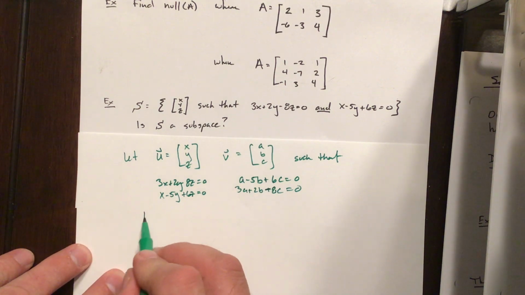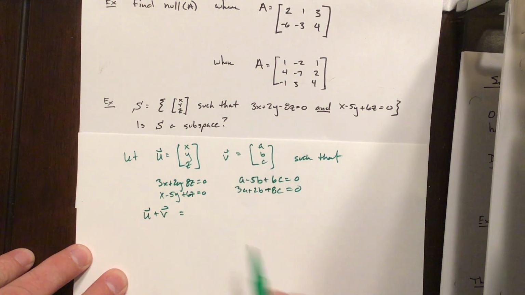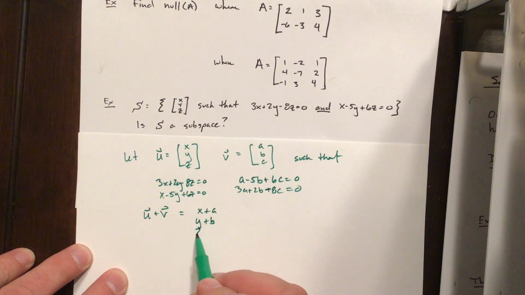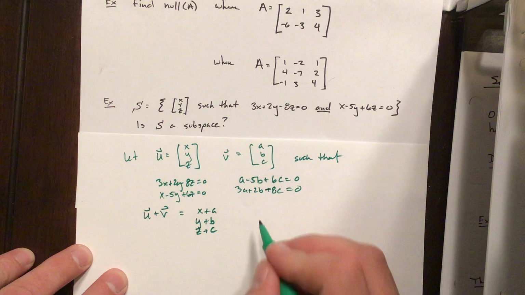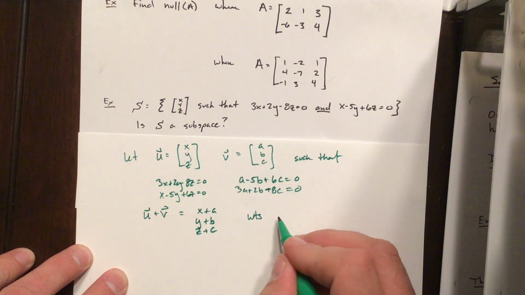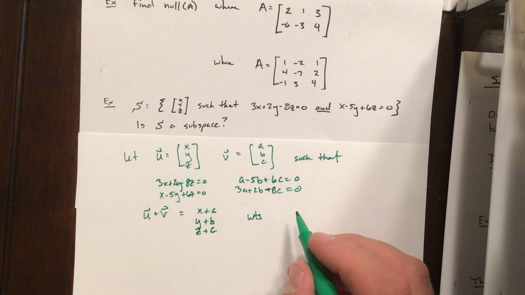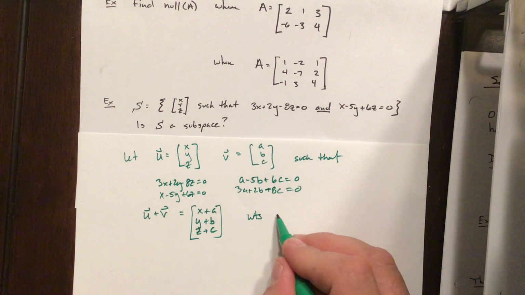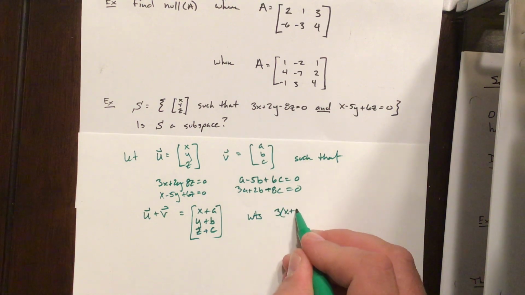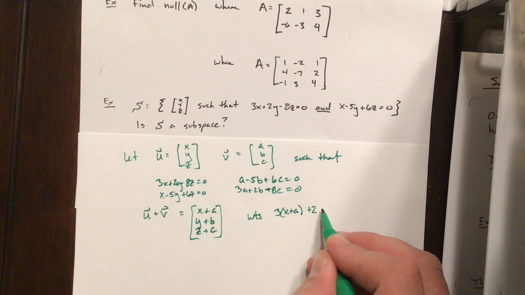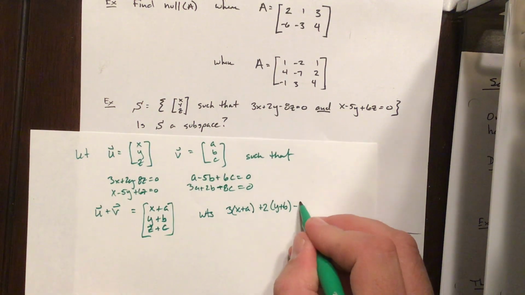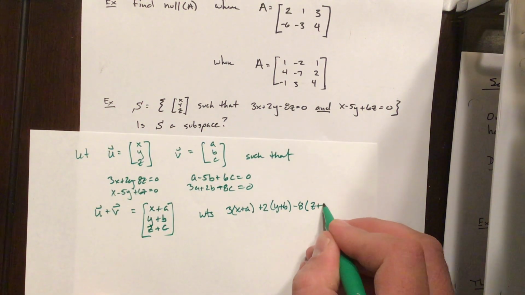Okay, and then we'd say let u plus v equal, and we would add the vectors u and v together, and you get x plus a, y plus b, z plus c, and you want to show that the vector u plus v has the property that 3 times the first component, x plus a, plus 2 times the second component, y plus b, minus 8 times the third component, z plus c, is equal to 0.